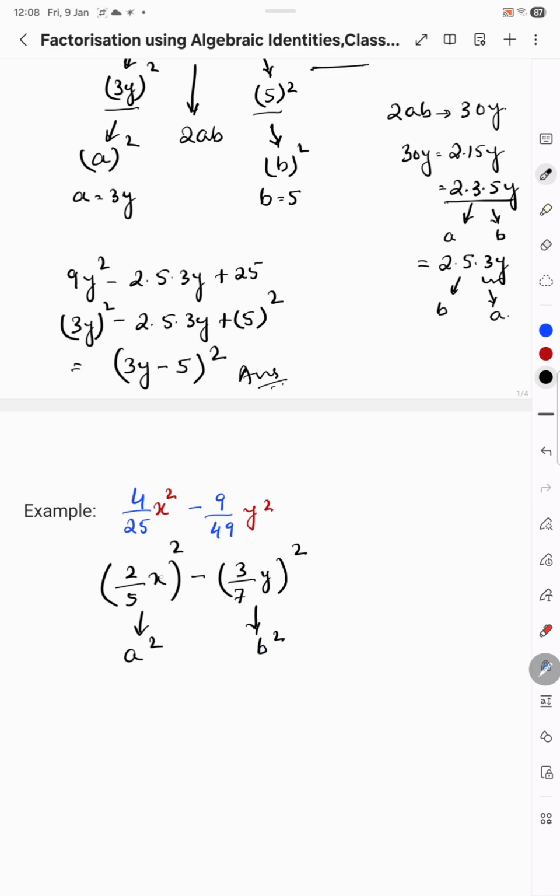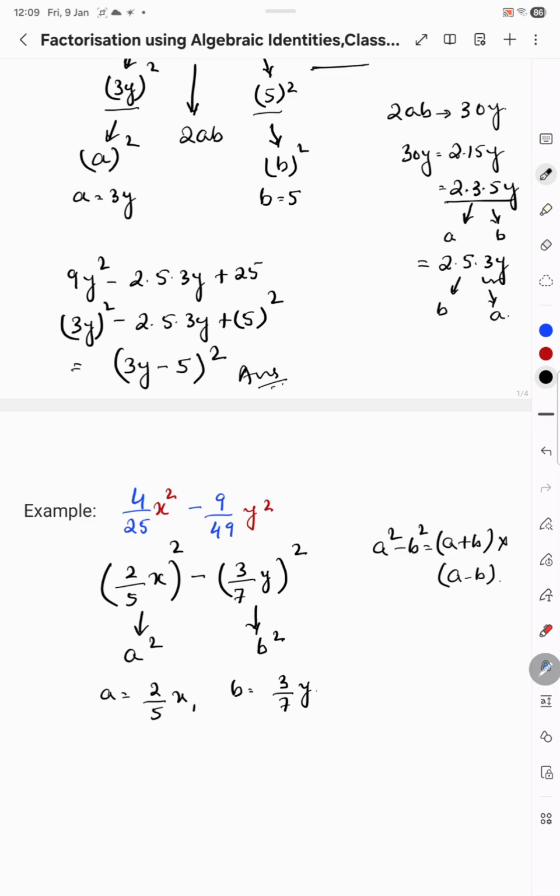So it is basically a difference of two squares now. We know a square minus b square is (a plus b) into (a minus b). So my a here becomes 2 by 5x and b becomes 3 by 7y.